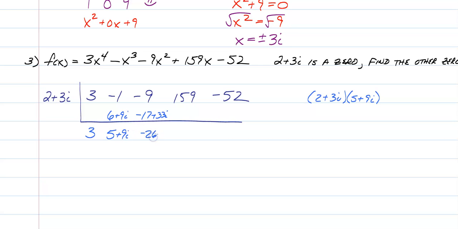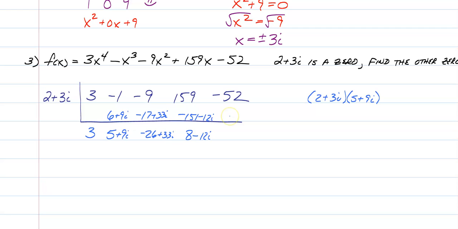That is going to give you a -26 plus 33i, and you just keep on going. Yes, it's going to be big and ugly, but you just have to deal with it. Again, use your calculator to your advantage. I am not going to tell you you have to do this by hand on a quiz or a test. So make sure you know how to use it.